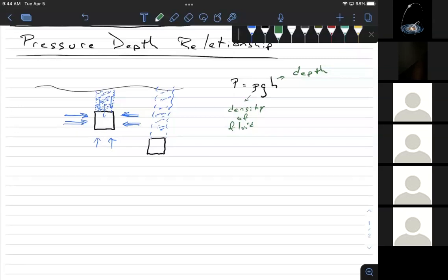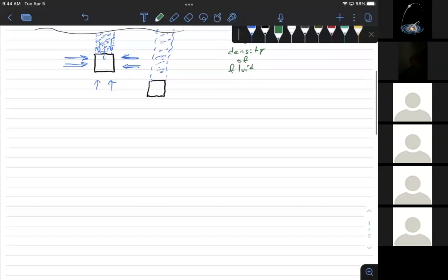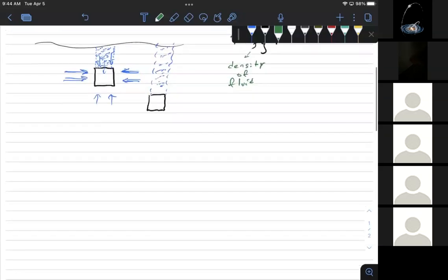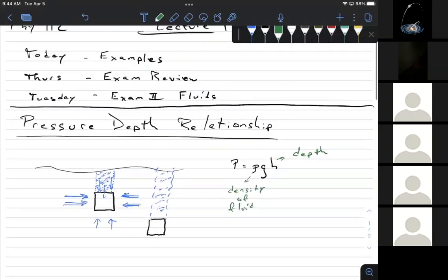These are two different questions, because obviously if an object is just sitting on top of the water, not under the water yet, that object is at zero depth. It's not submerged yet, so there's no water above it to push down, and thus you should expect not to feel any pressure.